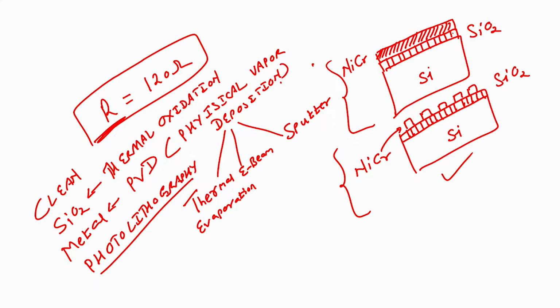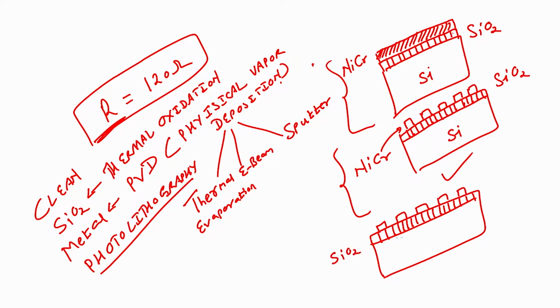If I go back, what I have is a micro heater. This is silicon dioxide, this is silicon, and this one is my nichrome micro heater.